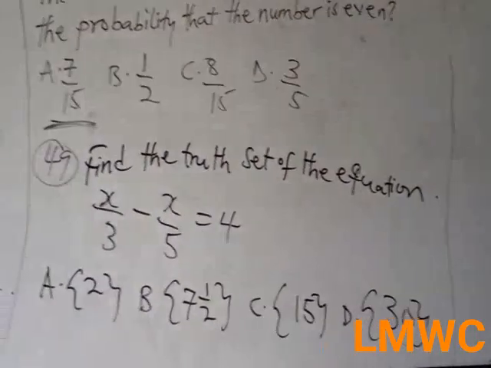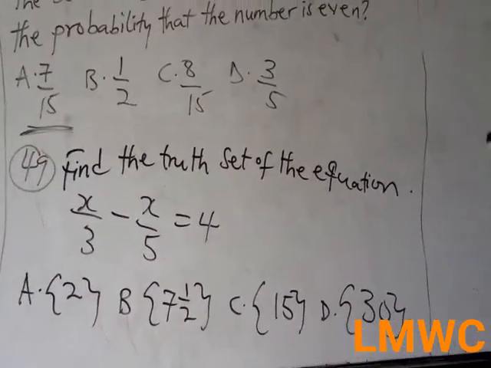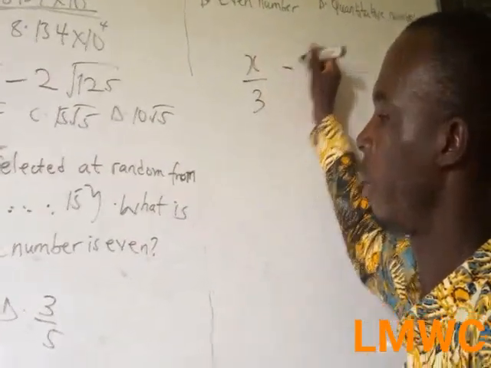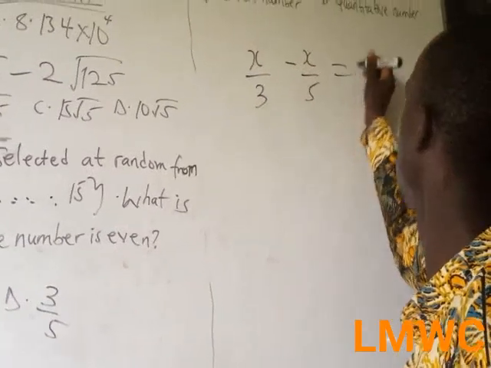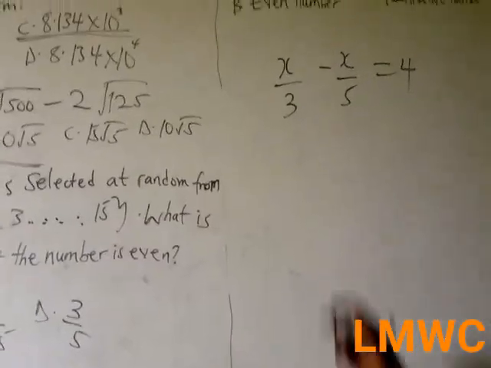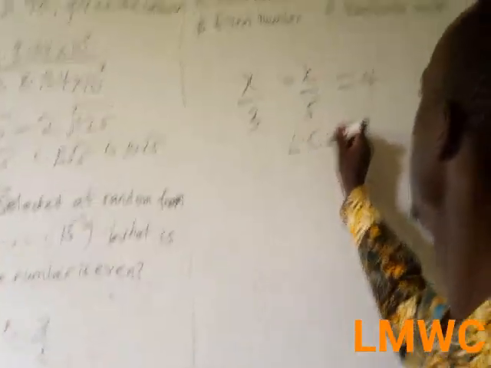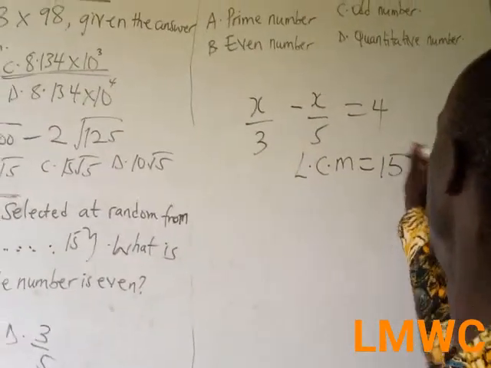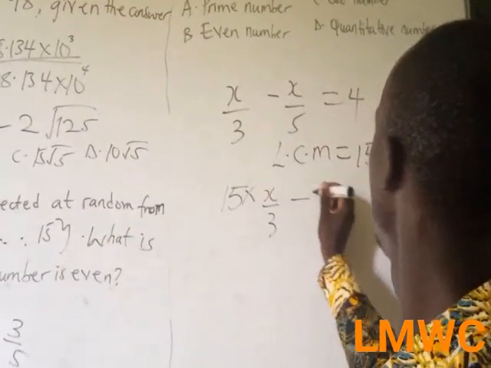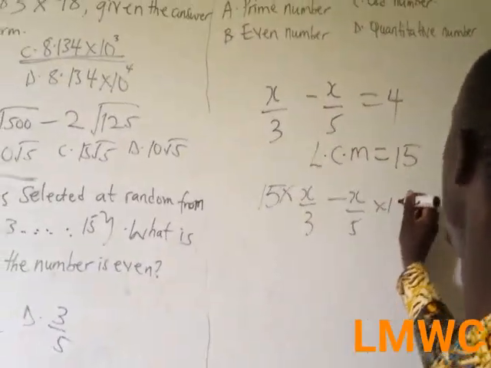49. Find the true set of the equation. This is a linear equation. So we have x over 3 minus x over 5 equal to 4. Whenever there is a fraction, you find your LCM, and the LCM is 15. So you multiply through by your LCM, times 15.